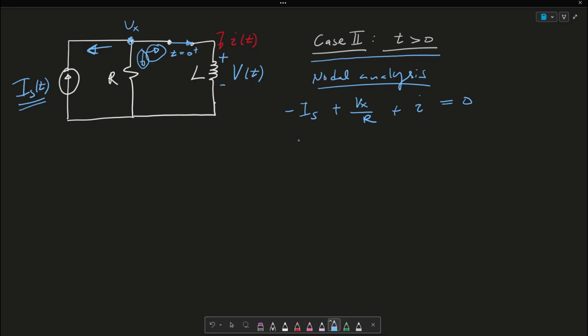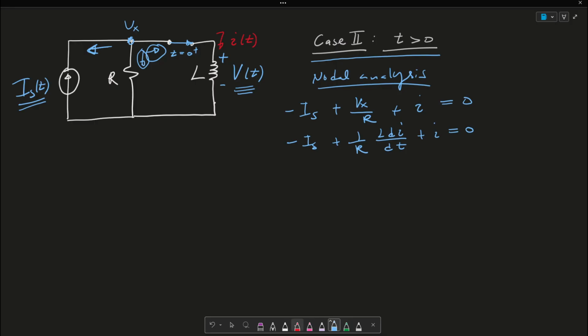I can then rewrite this as minus Is plus 1 over R times Vx, which is the same as V of t, the voltage across my inductor. We know that the voltage across the inductor is L times the change in current over dt, plus I, which equals 0.